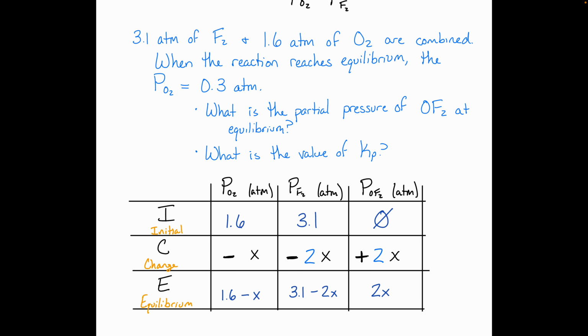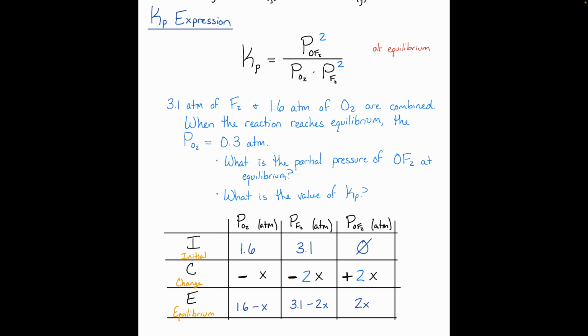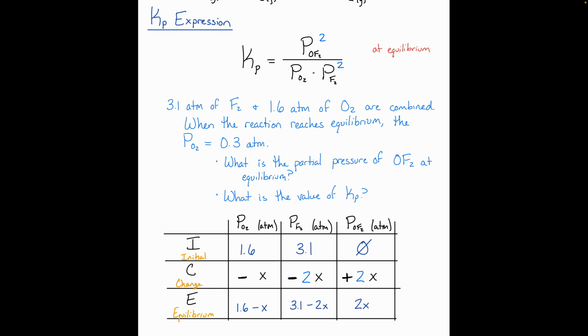All right. So, importantly, if we look at our equilibrium expression here, we said that these variables in my equilibrium expression had to correspond to these partial pressures at equilibrium, right? So the partial pressure of OF2, my product at equilibrium. And importantly, that corresponds to a specific box on my ice table now.